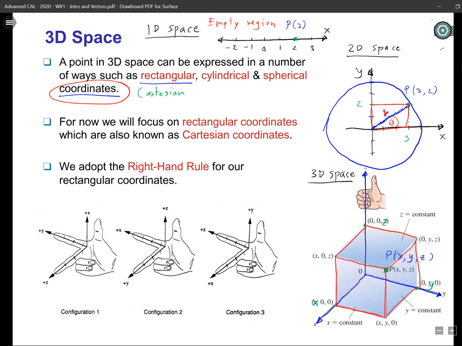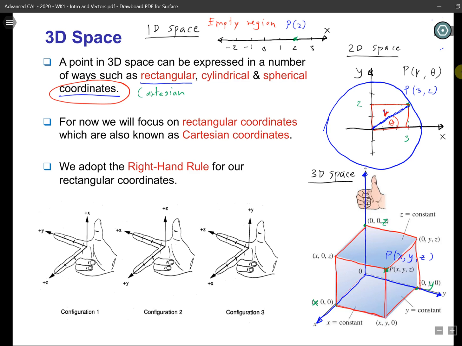So right here we can use the circle shape to locate this point. So instead of using 3 and 2 from the x-axis and y-axis, we can locate this point by using the radius value. I don't know what it is here, but we can just put r. And then we can use the theta right here.